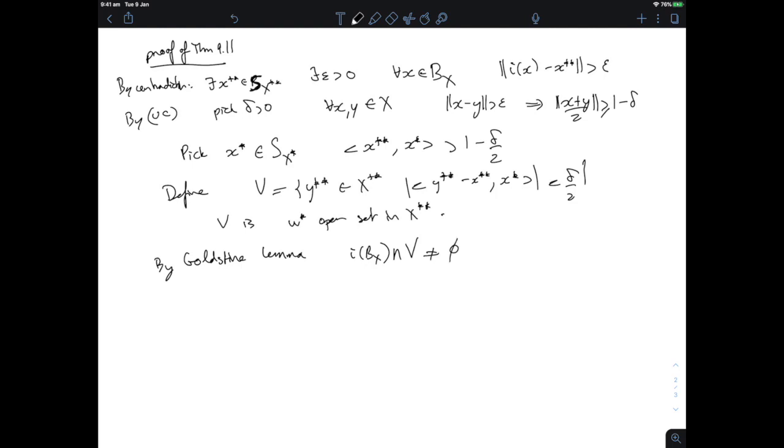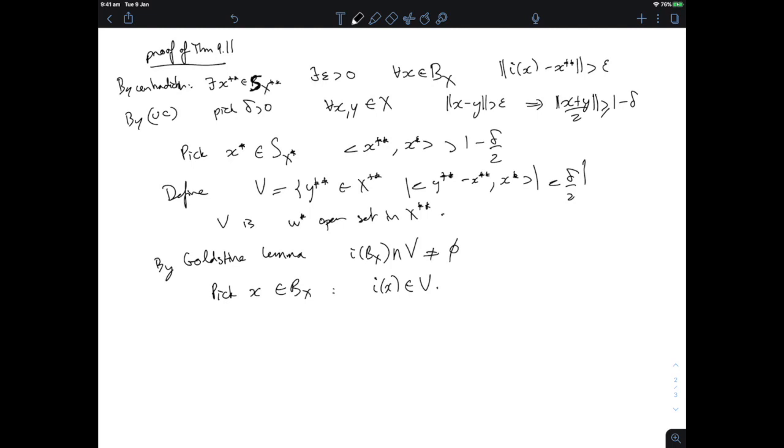Cool. So I'm going to pick an x now in the unit ball of X that is such that I of x is in V. Right? I can do that thanks to Goldstine's lemma.